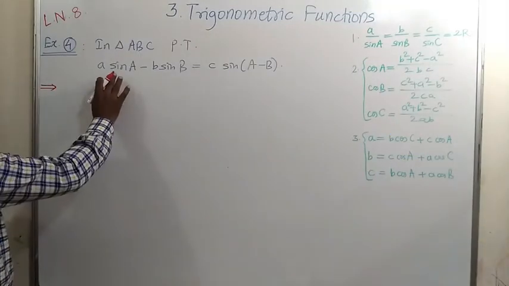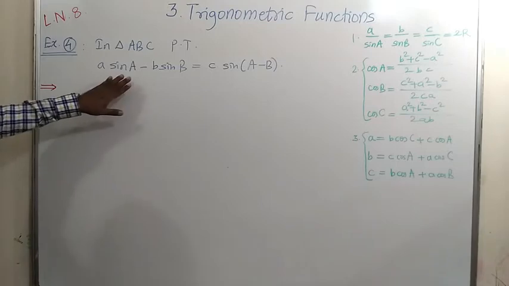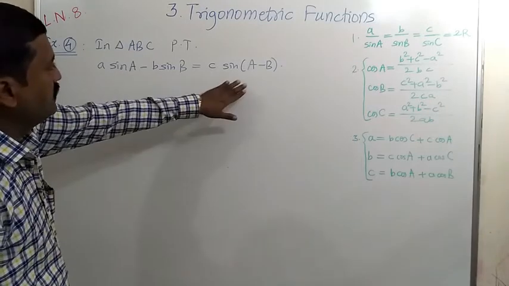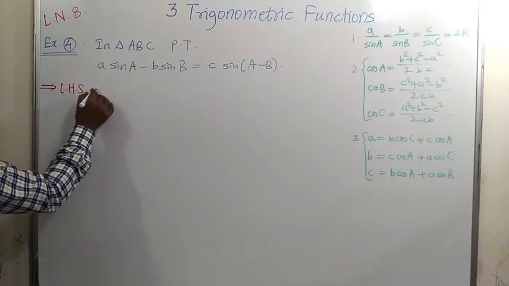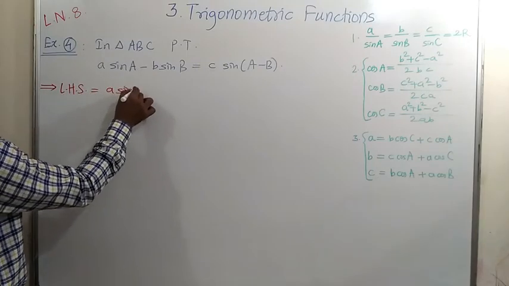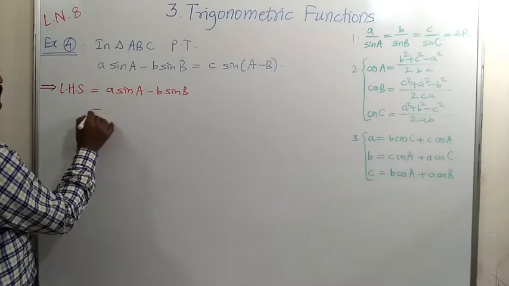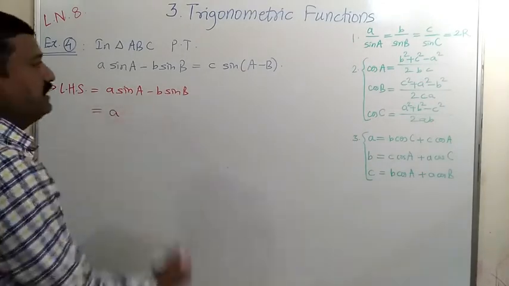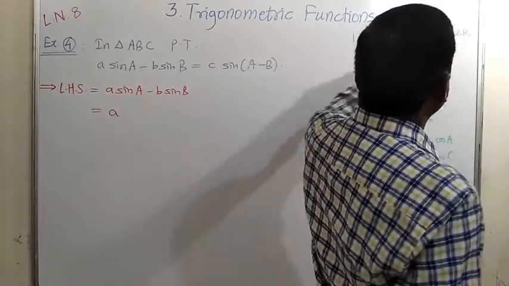Let us start with this left hand side. We will find the values of LHS and RHS. So LHS will be A sin A minus B sin B. Sin A is equal to A upon 2R.